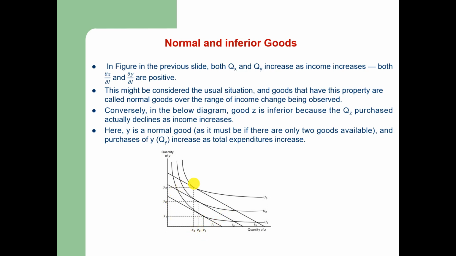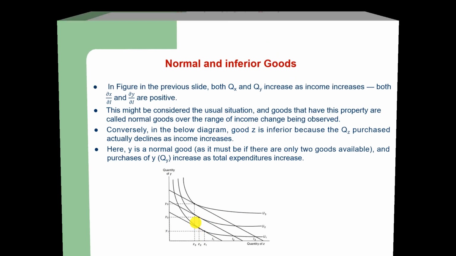But on the other hand, due to the increase in income, the quantity of Y demanded also increases. So there is a positive relationship between the increase in income and the change in the quantity demanded of Y, but there is a negative relationship between the increase in income and the change in quantity demanded of Z. So Z here is an inferior good while Y is a normal good. This situation is a little bit different than the previous one.